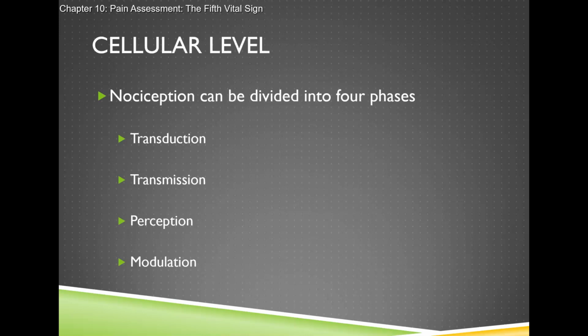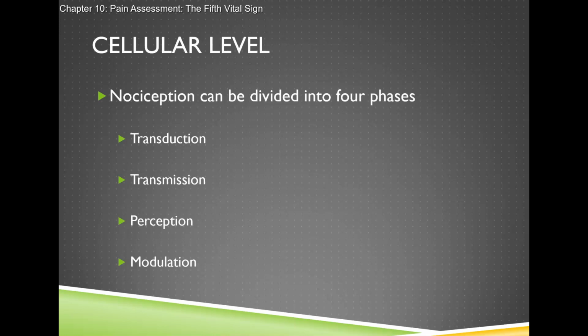It goes to the spinal cord, to the brain. Then you release corticosteroids, and that is that final part, that perception part, which makes you say, when you're in that perception phase, ah, that's that pain.